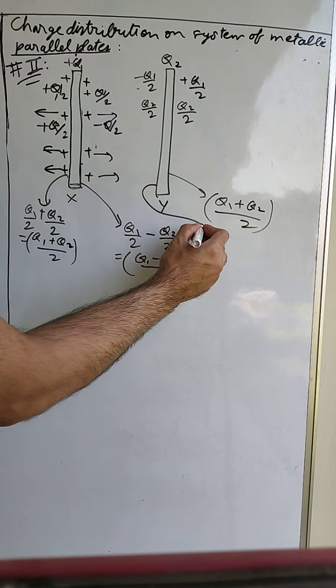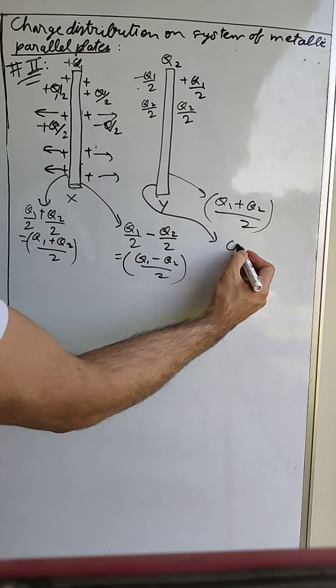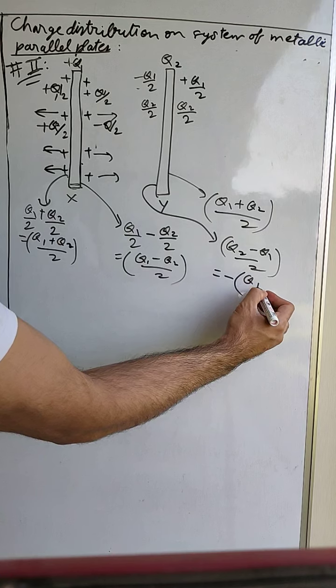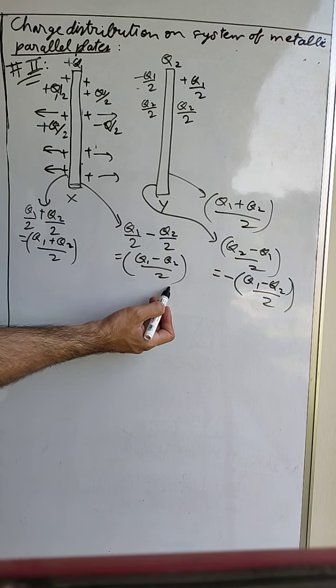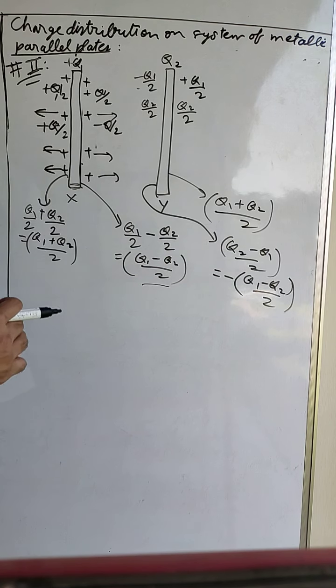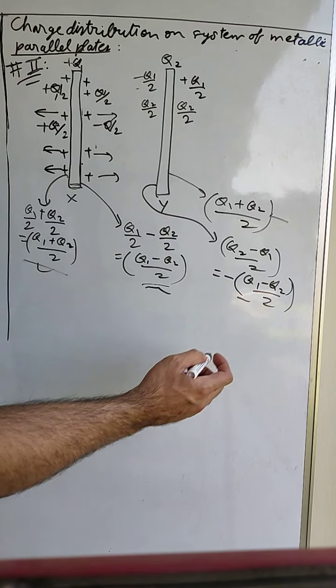Similarly, the other plate will have Q2 minus Q1 upon 2, which we can write as minus of Q1 minus Q2 upon 2. So the inner surfaces have equal but opposite charges. We can summarize this in a very important note: the facing surfaces have equal and opposite charges, the outer faces have equal and same charge, and the inner faces have equal but opposite charges.